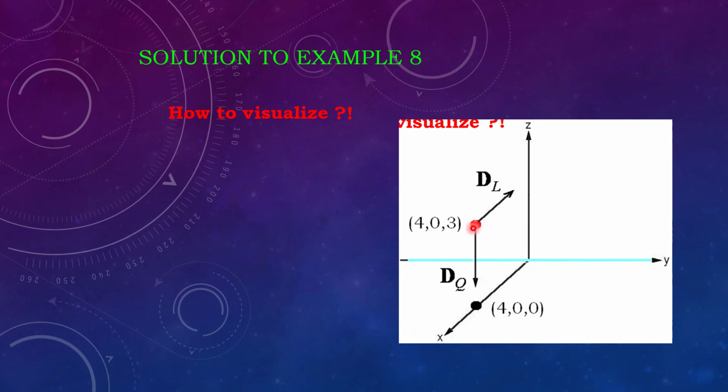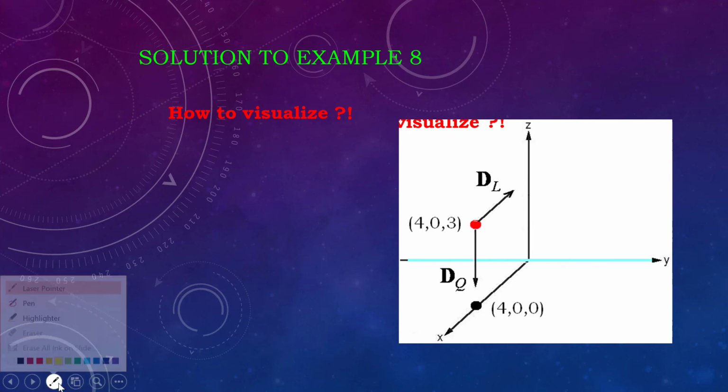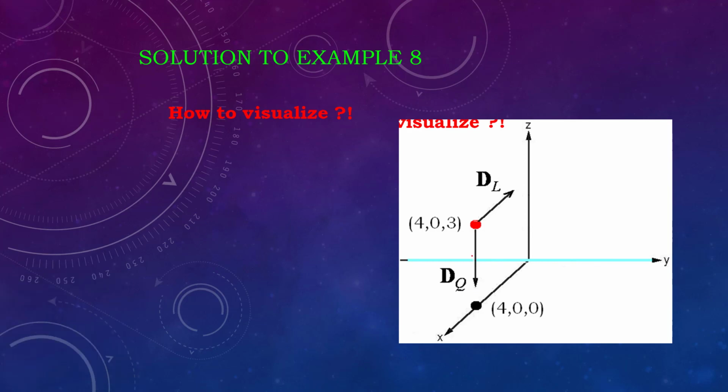So from 403, if I draw a perpendicular onto the line charge, it will exactly meet at the origin, because y at point P is 0, so it will go towards the origin.